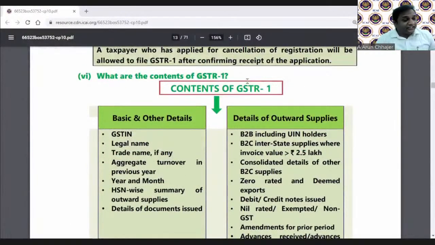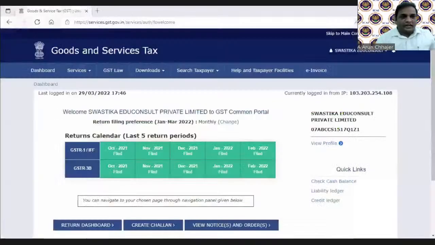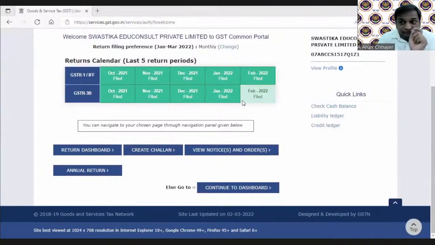Now, what is the content of the GSTR1? Let me open the GST portal. Now we are talking about the GST return content of the GSTR1.